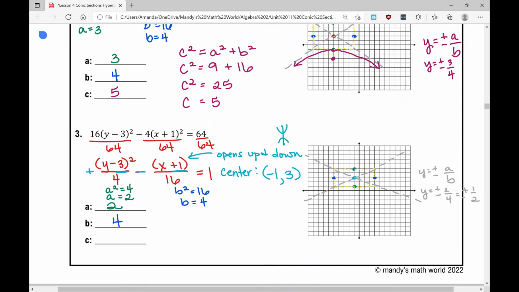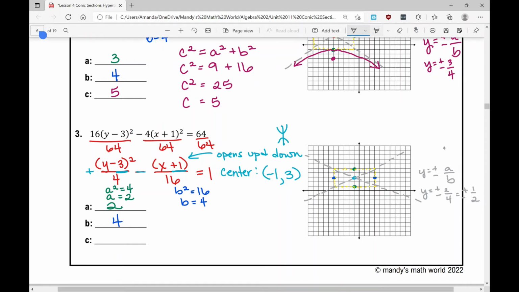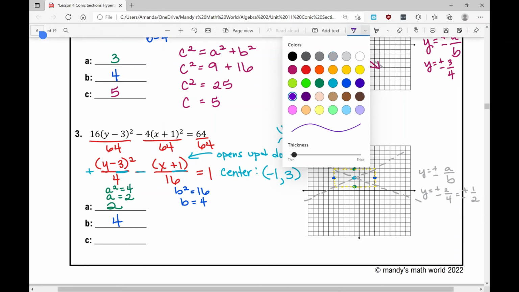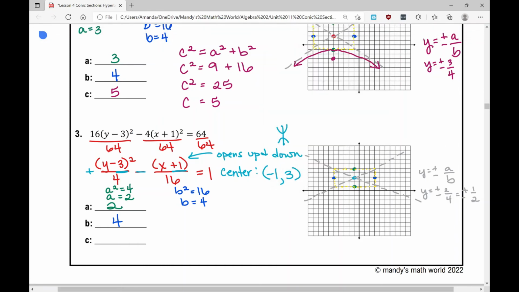If you need to find the equation, you can use point slope form. Oh, actually, let's graph the hyperbola. You know it's going to open up or down. It's going to pass through that vertex and approach the asymptote on both sides. So there's how you would draw it.